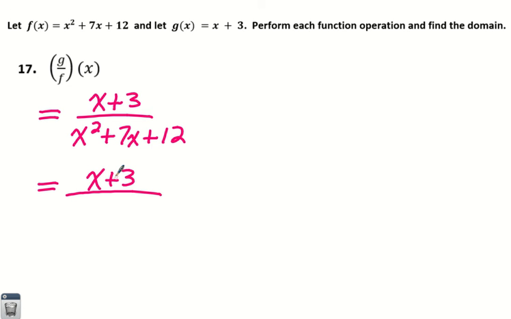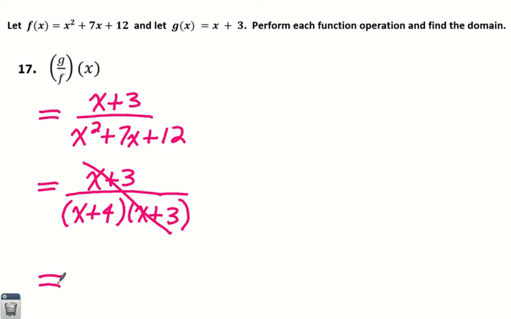The x plus 3 did not factor, but the denominator totally factors into that. And so now we can cancel the x plus 3's and look closely. The final answer is going to be 1 over x plus 4. So that's the final answer for g over f of x.